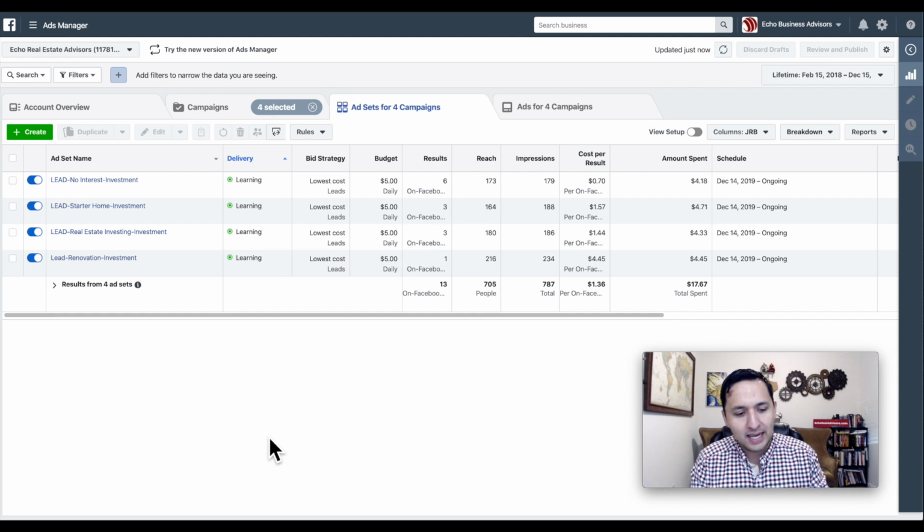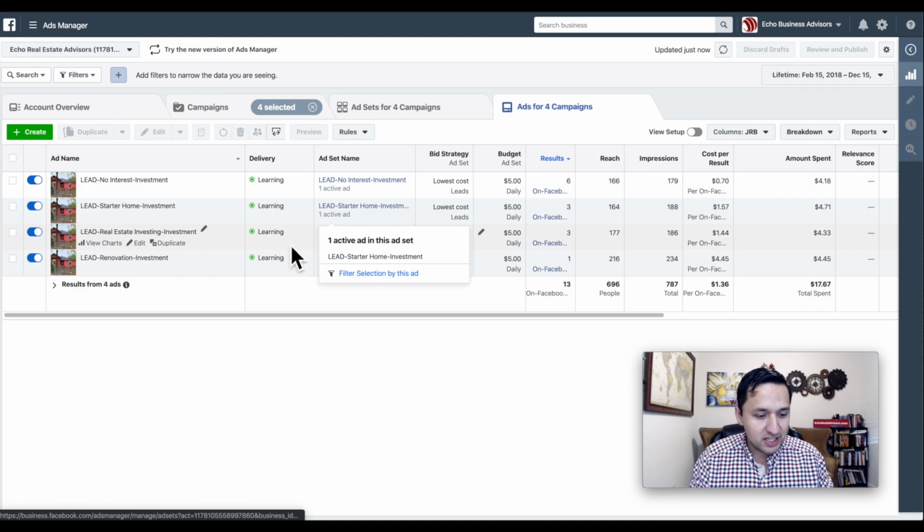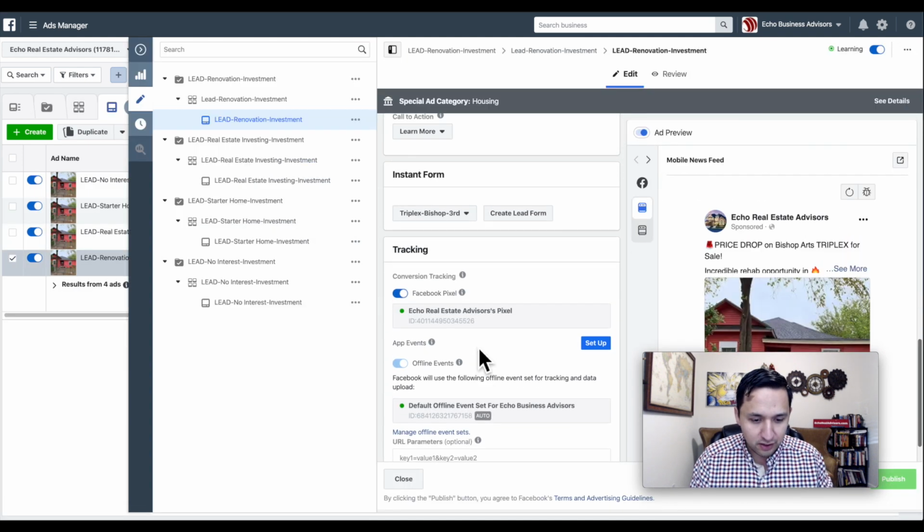The first way is pretty dialed in, which I highly encourage you to do. In order to make this work to the maximum benefit, you're gonna create a custom audience of people that clicked on your ad and went to your lead form. Essentially, whenever somebody is getting ready to submit their information, they're gonna click on your lead form.